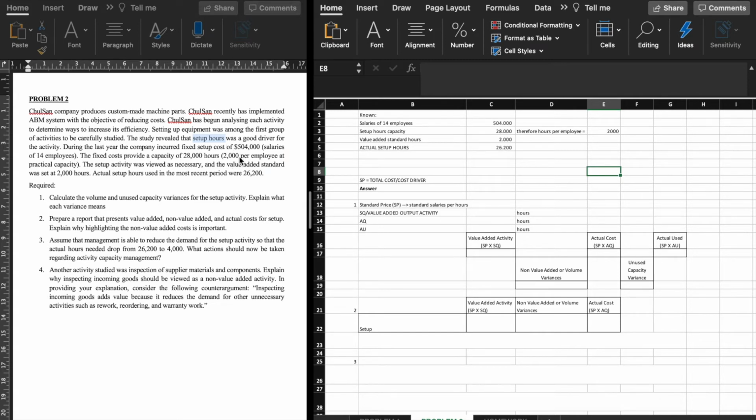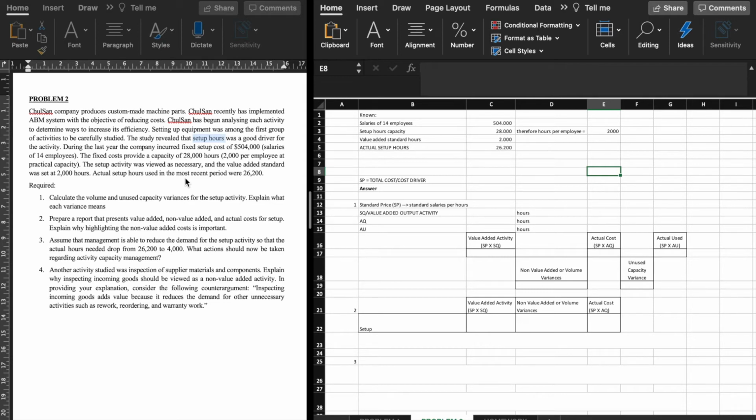During the last year, the company incurred fixed setup costs of $504,000. It is the salaries of 14 employees. The fixed costs provide a capacity of 28,000 hours. It is 2,000 hours per employee at practical capacity, and the setup activity was viewed as necessary.